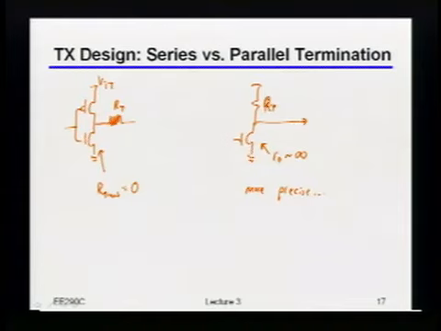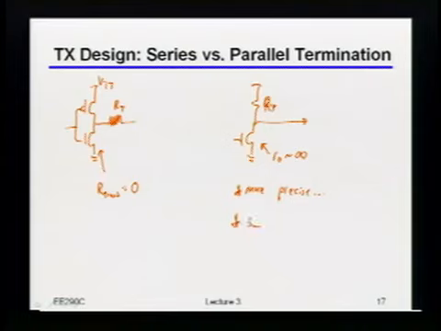Now, that's absolutely correct, but now what's the bad news about doing the parallel version? And this will maybe be a good prefetch for what we'll talk about next time. So what's the bad news about the parallel version? Swing, right? Yeah, exactly. So just like in 240, your quote-unquote swing is going to be reduced. In other words, you always have to support that VDSAT across the device there.